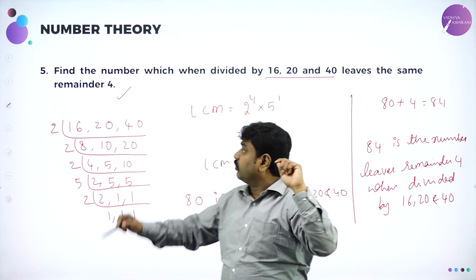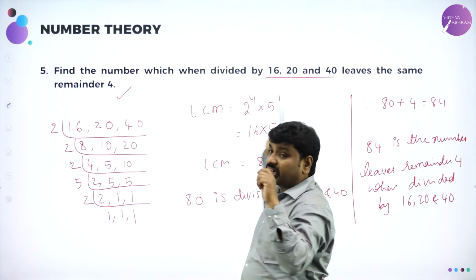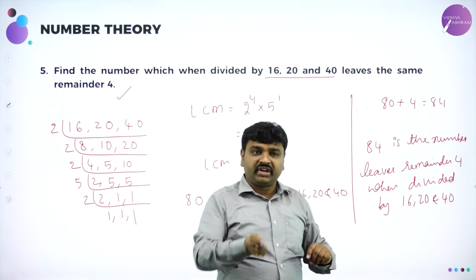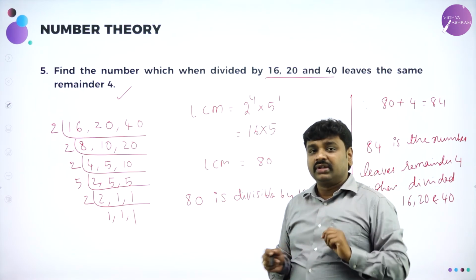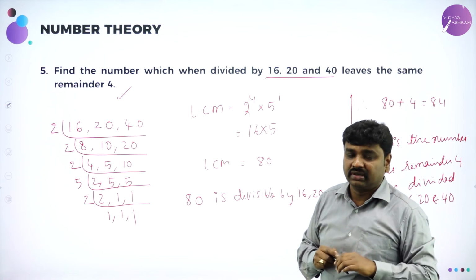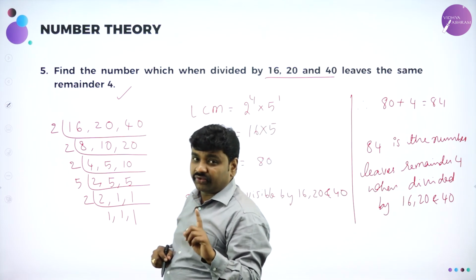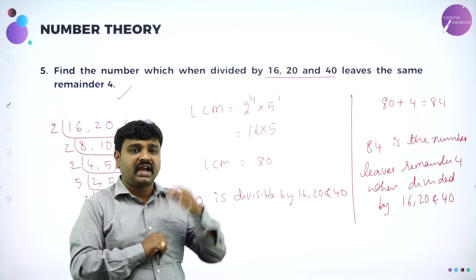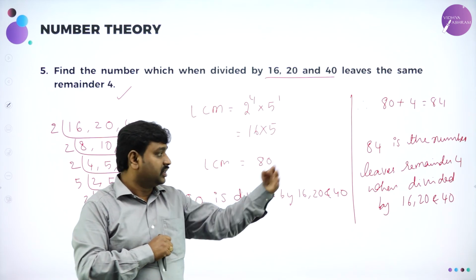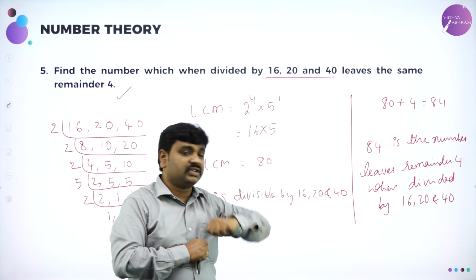When you divide 84 with 16 or 20 or 40, it leaves exactly 4, that's it. Find the LCM and add the remainder, you will get the number. If they ask for remainder 5, then find the LCM and add 5. So if they want you to find a number which leaves a remainder, find the LCM of the given numbers and add the remainder, then you will get that number.